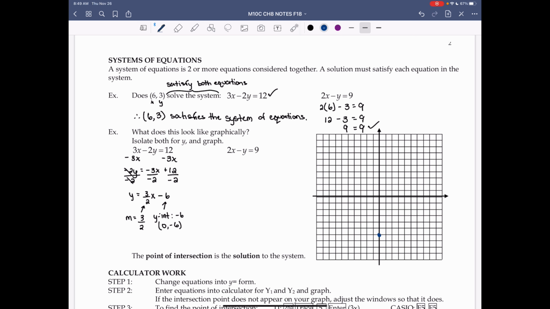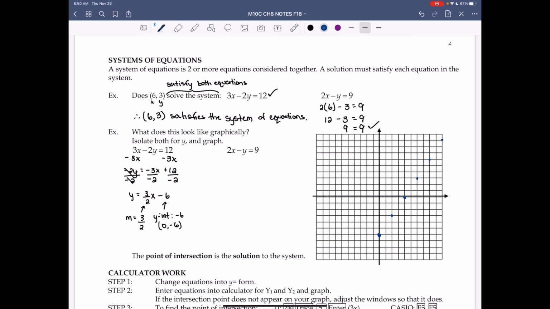Our slope is 3/2, so that means it's positive. We're going up to the right. So from your y-intercept, count up 3, right 2, put a point. Repeat this for several points.